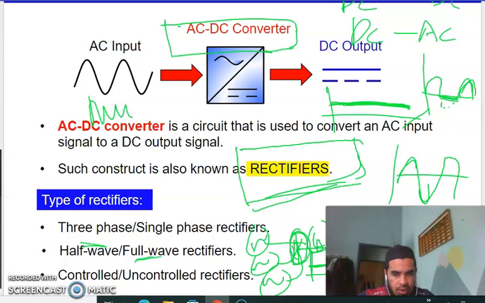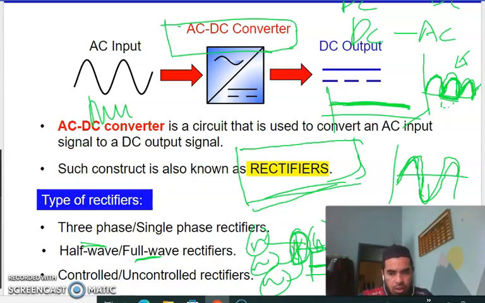What about a full wave rectifier? The full swing will be rectified. The positive is rectified, and the negative part is also rectified, inverted to become a positive average output. Positive part rectified, negative part rectified, all the phases and poles are rectified. So this is a so-called full wave rectifier.